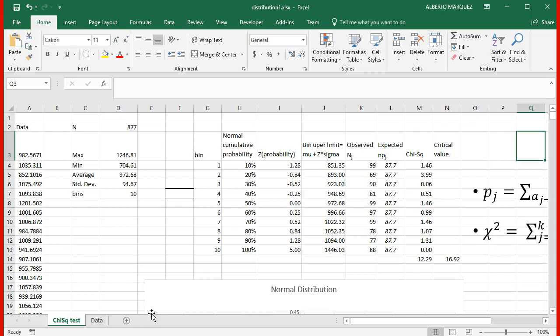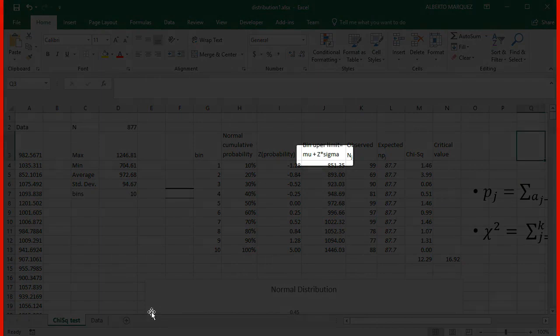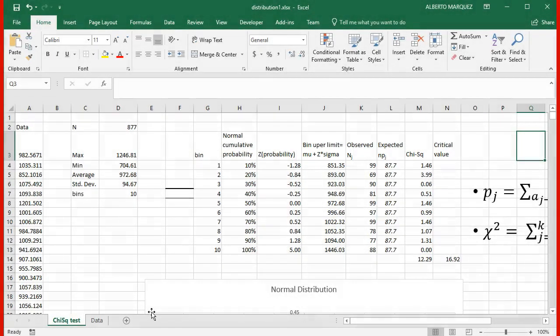And then we estimate the value for the upper limit in the original data set. We use the Z value for normalization. Now we start with the Z value, and we can obtain the actual value of X. And X would be mu plus Z times sigma. And the values that we obtain are 851.35, 893, 923.03, and so on.